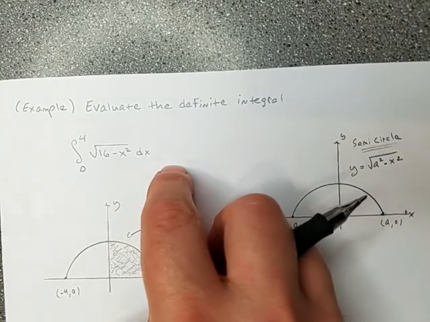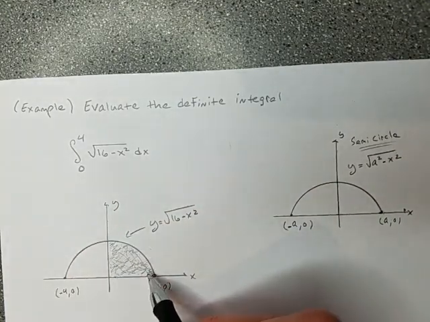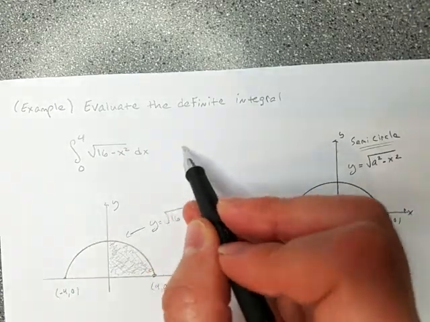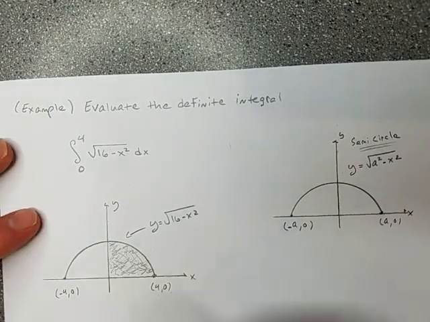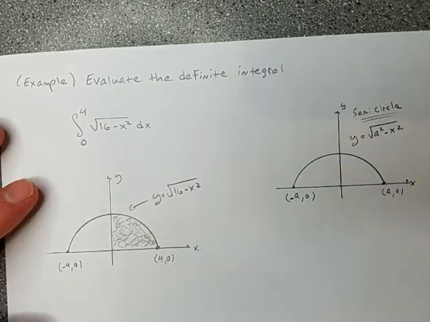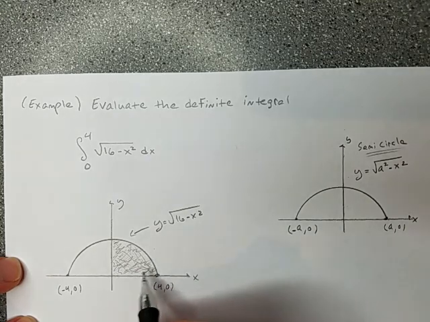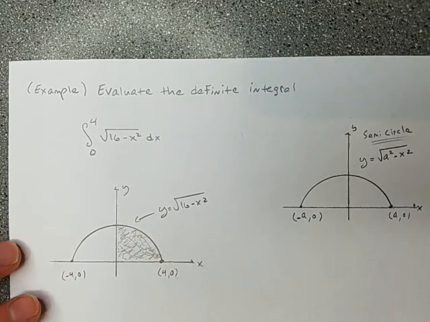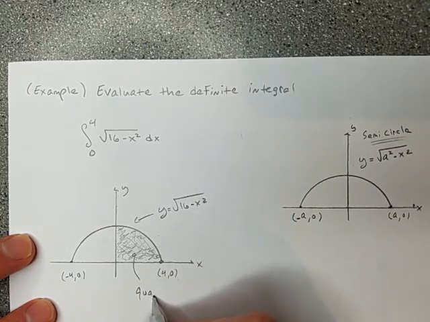If you can find some way to tell me the area of that piece, that's your answer to this definite integral. Can you find some way to tell me the area of that? Well, this is a semicircle, and that would be half of it, so it's a quarter circle. All right, so what I've got here is a quarter of a circle.